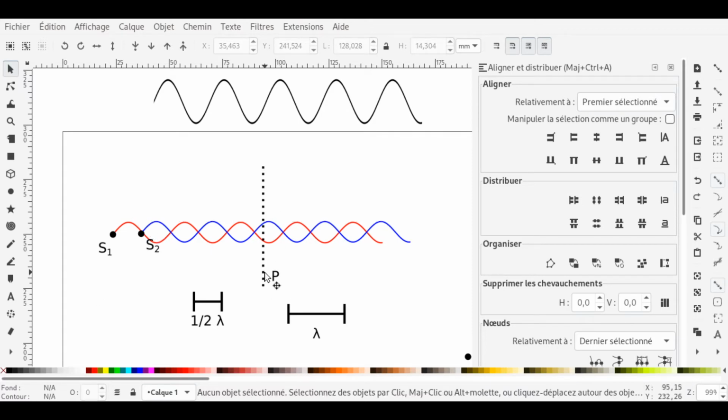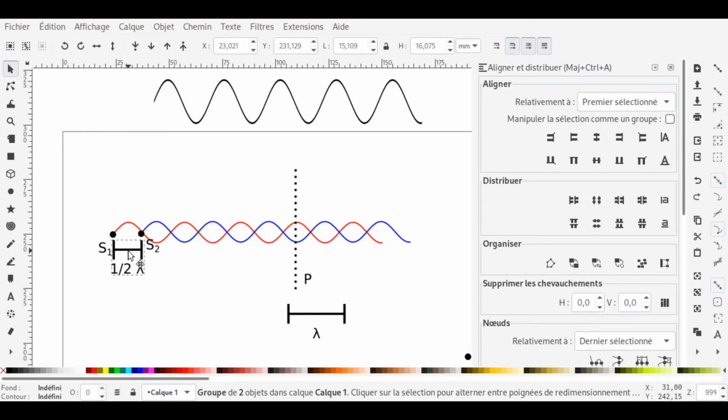So at every single position, just to guide your eye, you can look at position P. Here, the two waves have the exact same value, but with an opposite sign. This is true here as well, here both have 0, here, here, here, and so on. And if I look at the difference between the two sources, this corresponds exactly to half of a wavelength.